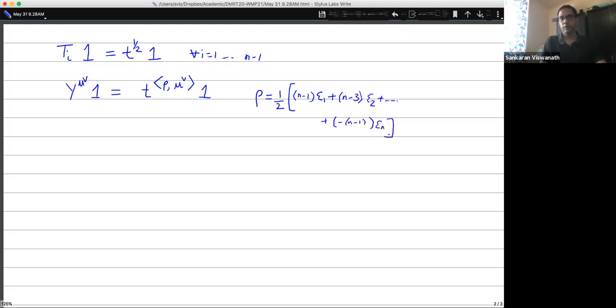You take the inner product of this element of Q^n, if you wish, with mu check. That's your power of t there. So this is the action, and in some sense you induce the action.